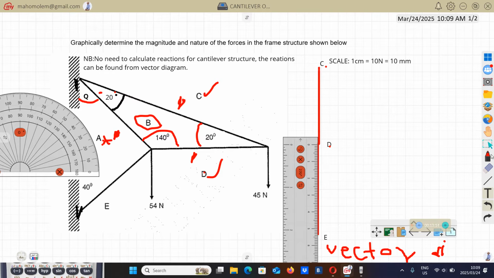To find the angle Q, I can use this approach. Let me draw a straight vertical line.